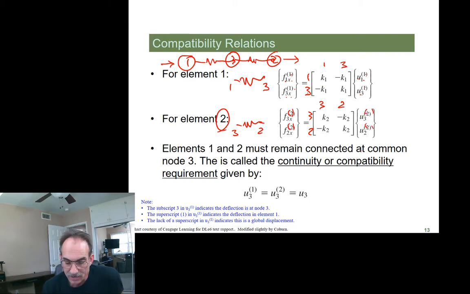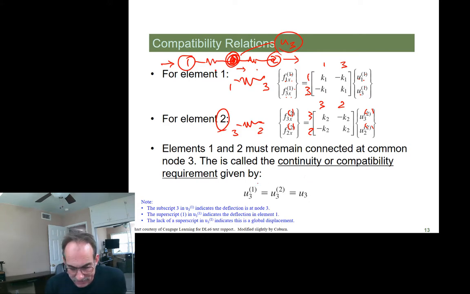But if we look at this, we say, wait a minute. The displacement here, U at 3, is like a global constant, right? If this node moves at all, if it moves this way, then both element 1 and element 2 see the exact same displacement.